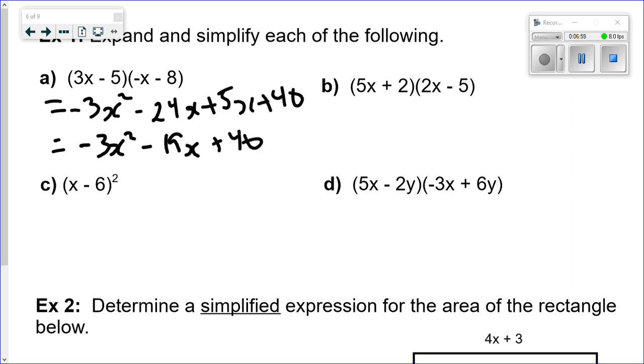So at this point, it's really only those last two terms that you have to worry about. Give B and D a try. And then if you're feeling brave, come back for C.